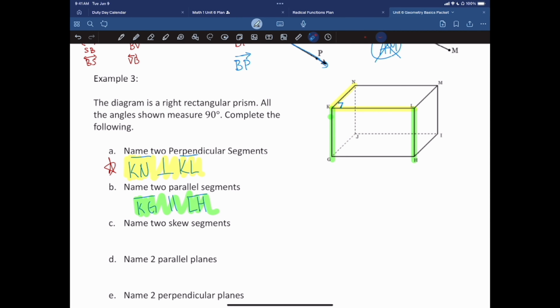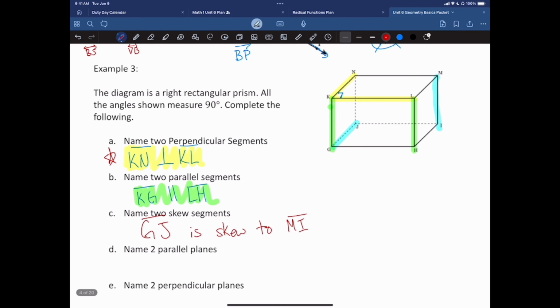Okay, so if I want to talk about skew, let's do this one, and we'll go MI just to keep things simple. So we have GJ is skew to MI. Okay, let's highlight that in blue, KG and MI.